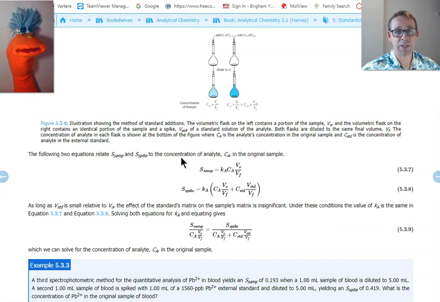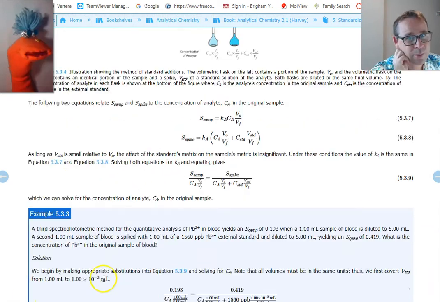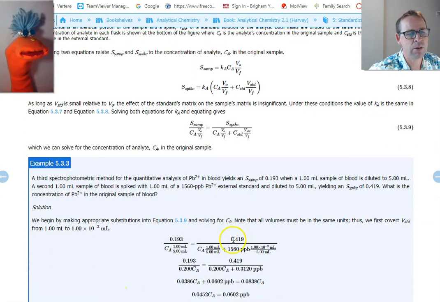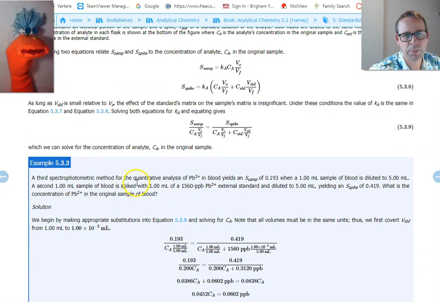And then you have a blank with no analyte that you spike with your same amount of analyte, and you compare the resulting signals. So let's see if we can talk through an example where we spike some of our material with some of our unknown solution with a known amount of, in this case, lead ion.